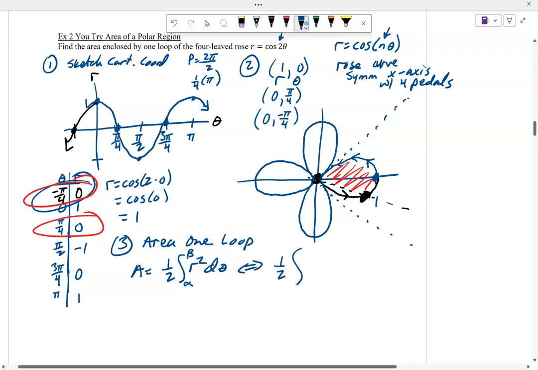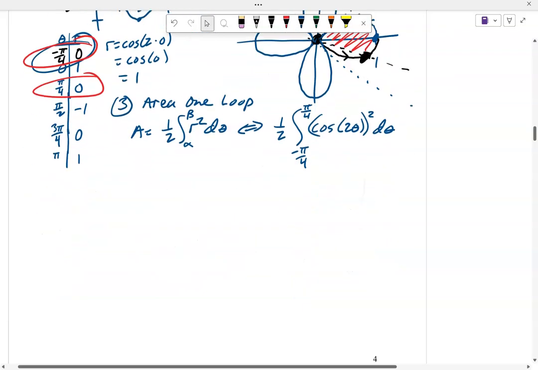So we've got 1/2, going from negative pi over 4 to pi over 4. Our r here is cosine of 2 theta. That r has got to be squared though, d theta. Okay, so we've got 1/2 cosine squared of 2 theta.